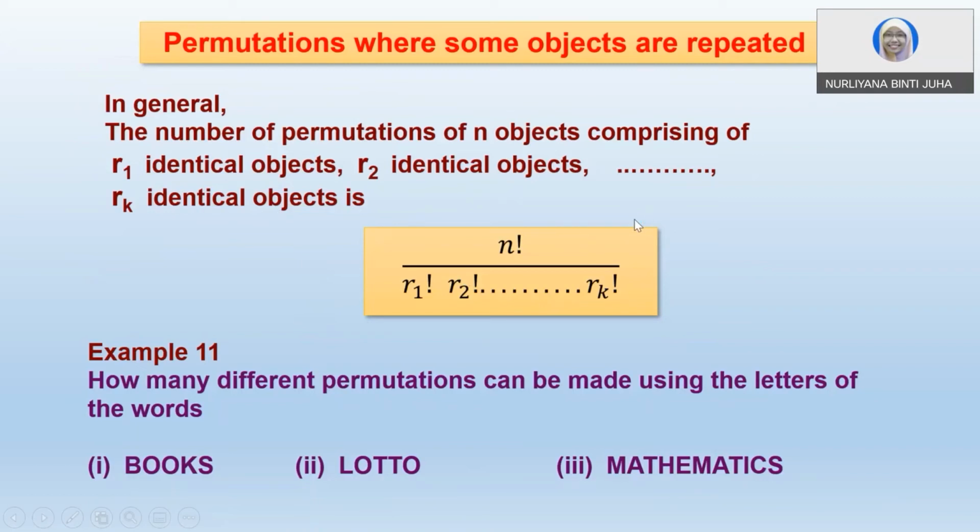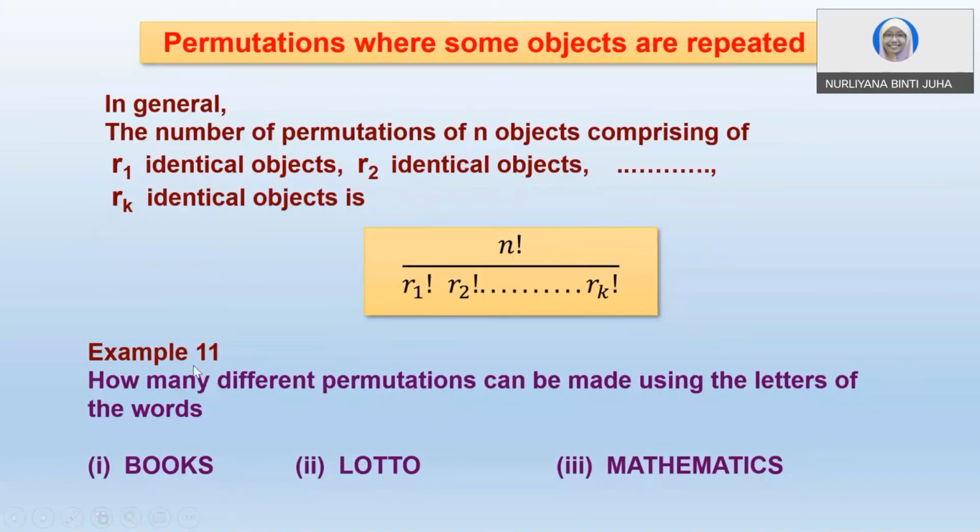Kalau you ada satu situation yang mana you have n numbers and you ada R1 up until Rk yang mana this R ni dia berulang. So you have this formula lah. N factorial divided by the one yang repeated tadi. R1 factorial, R2 factorial, until Rk factorial.